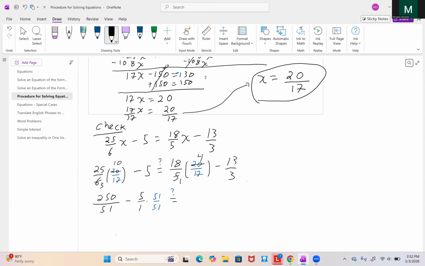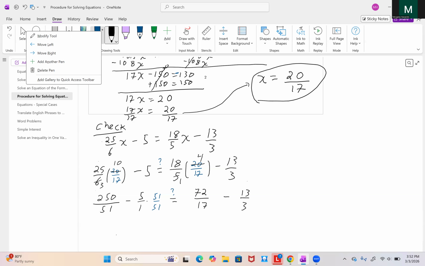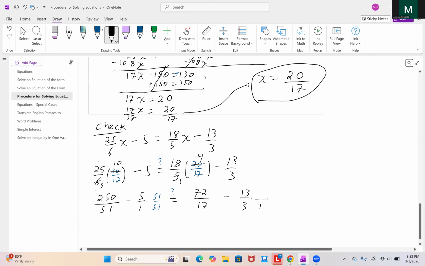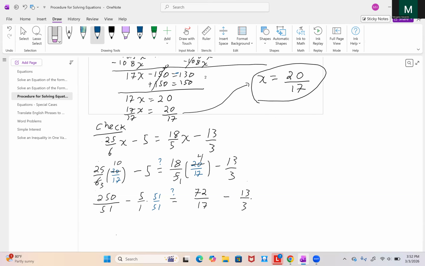So we have 4 times 18, 72. Over 1 times 17, minus 13 over 3. We want these two to have the same denominator, so we multiply 13 over 3 by 17 over 17, and 72 over 17 by 3 over 3.